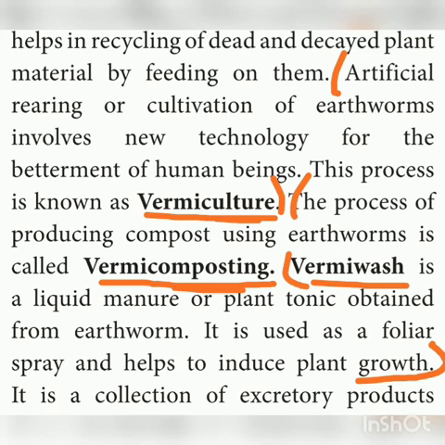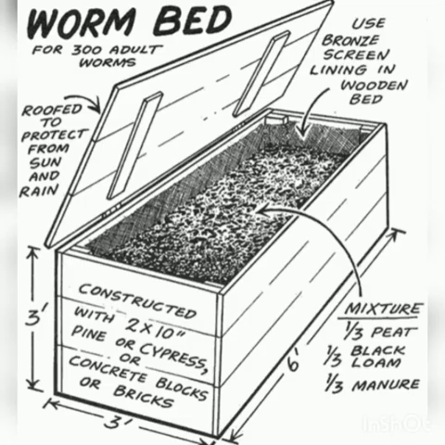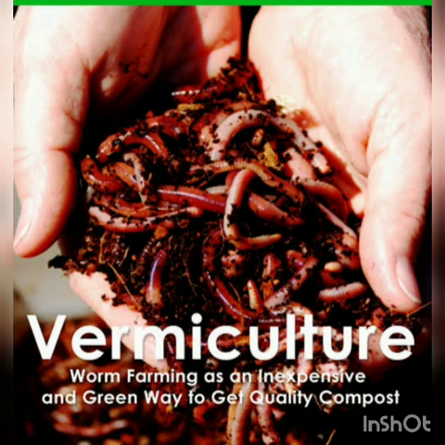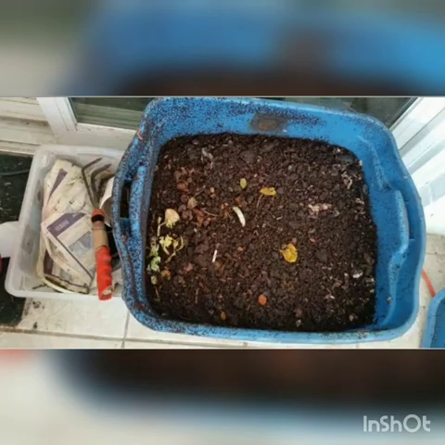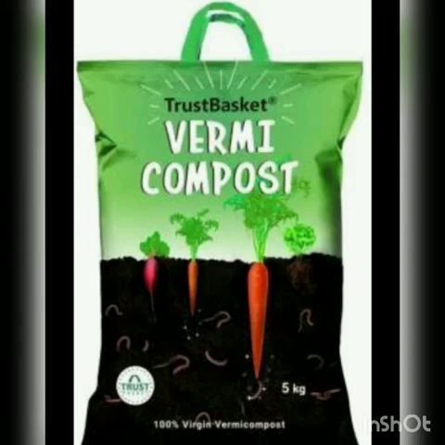Artificial rearing or cultivation of earthworm involves new technology for the betterment of human beings. This process is called vermiculture. Vermi means earthworm cultivation. Next, vermicomposting. The process of producing compost using earthworms, using earthworms to convert organic waste materials into manure. That is called vermicomposting.